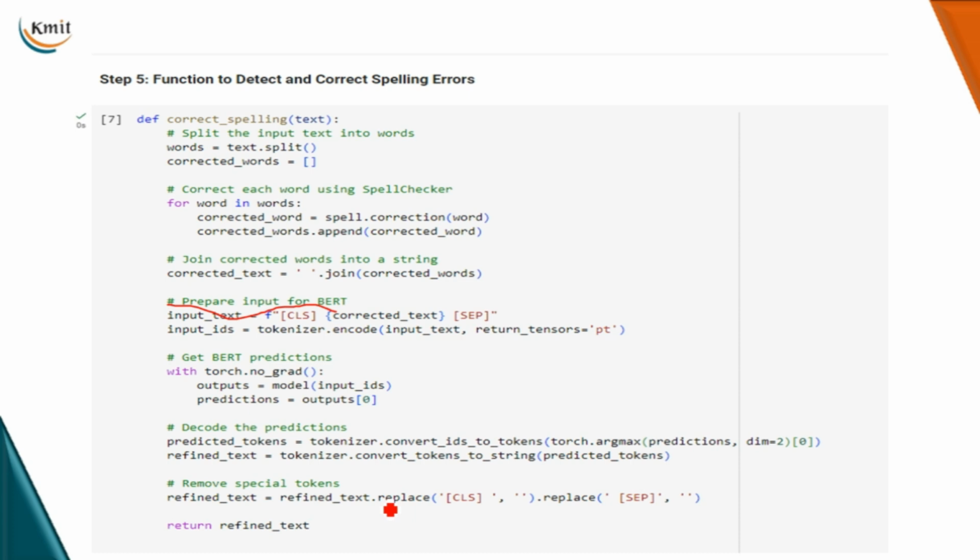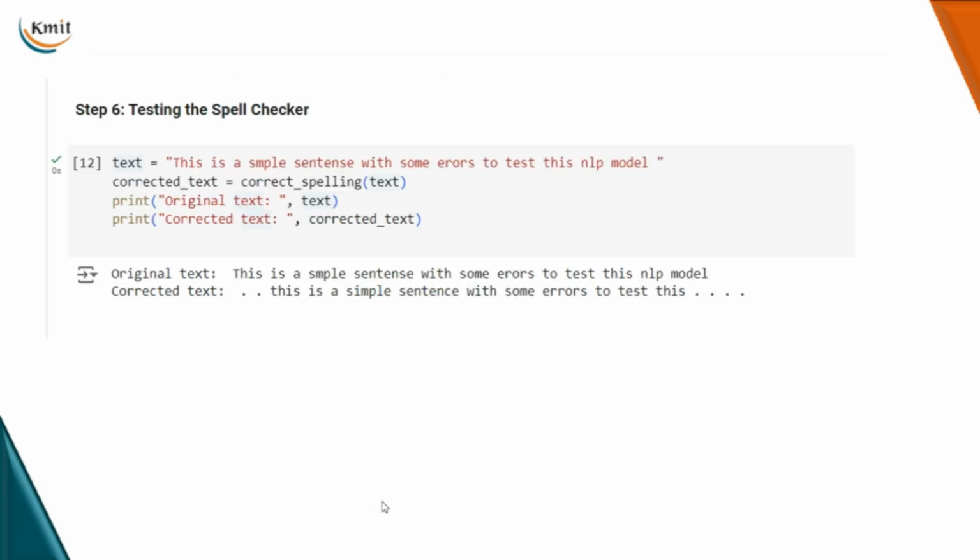Once I am done with this, I'll go for refining the text. I'll correct the spellings, use the model, convert the tokens into strings, clean up the special tokens, and then finally return the refined text, the corrected and refined version of the input.